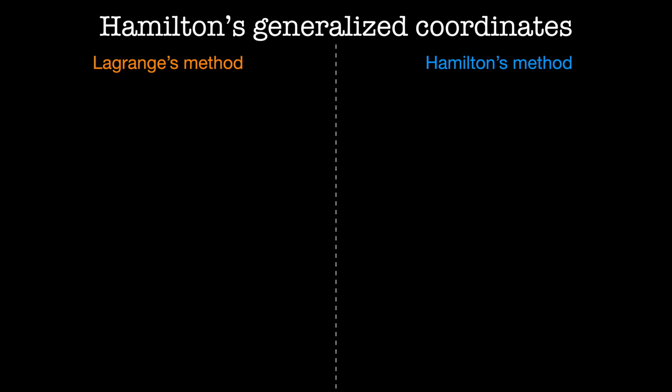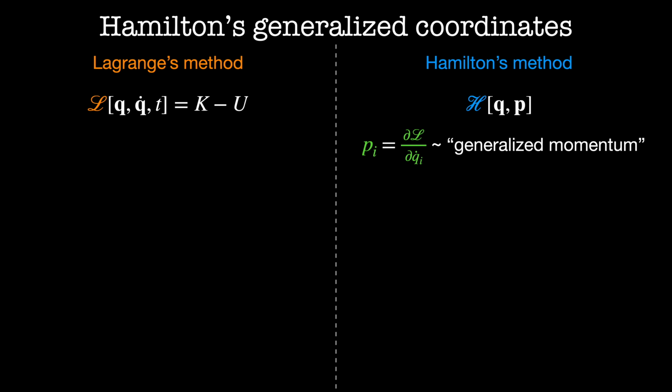Let's compare and contrast Lagrange's method and Hamilton's method. The Lagrangian is a functional of generalized coordinates q, q dot, and time, and is equal to the kinetic energy minus the potential energy in those coordinates. The Hamiltonian is a functional that depends on the generalized coordinates q and the generalized momenta p, where the generalized momenta are given by ∂L/∂qi-dot.